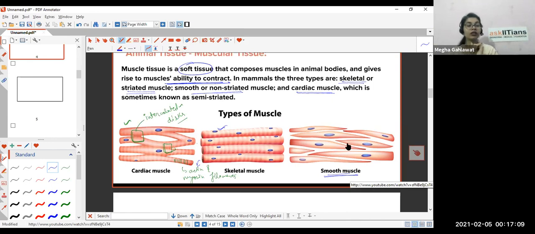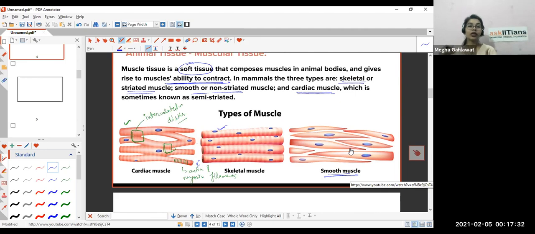For example, the muscles of our lungs, because we are breathing. The lungs are expanding, they are exchanging the gases, oxygen and carbon dioxide, but we do not have any control over that. Or for example, the stomach and the intestine, we just eat food and the stomach and intestine digest the food and absorb the food.